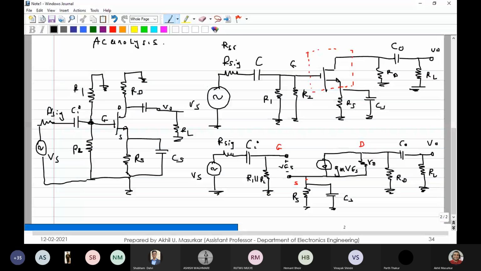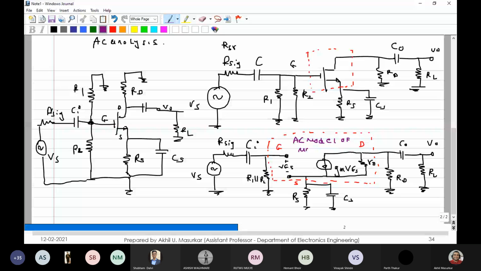And this part is actually the AC model of the MOSFET. So that's how we derive this. I think this explanation is good enough to understand how we arrived at this circuit.